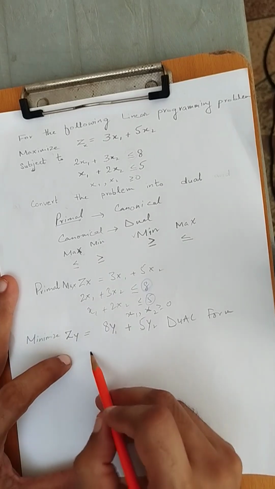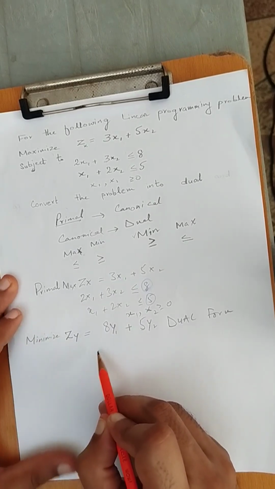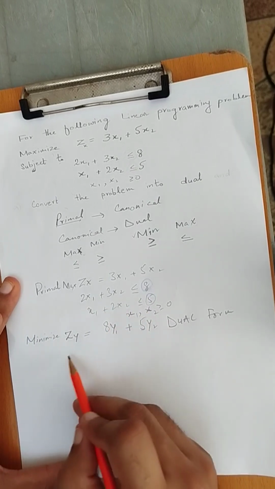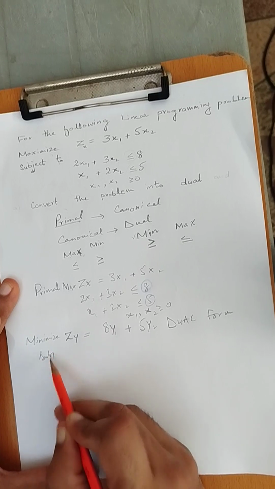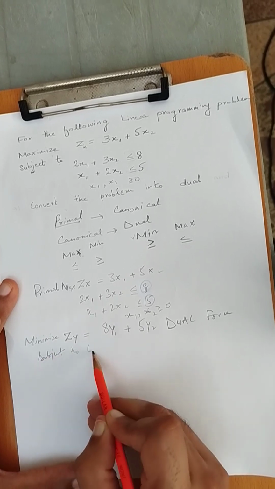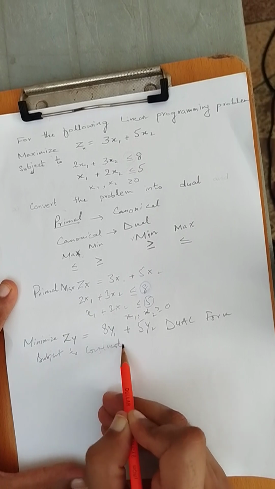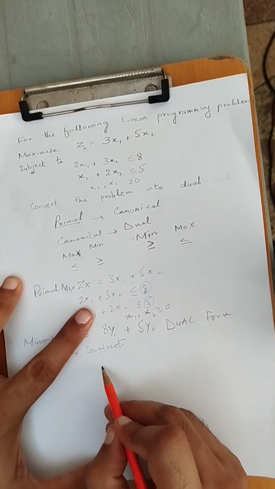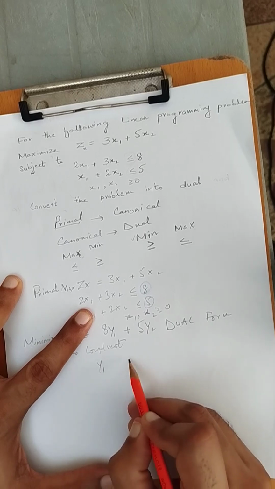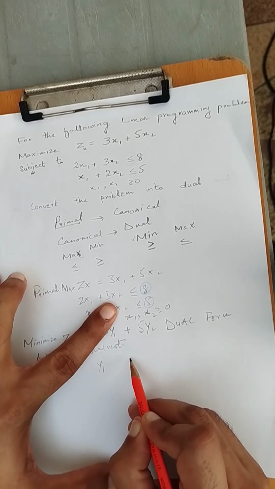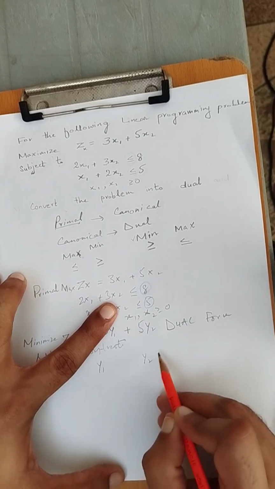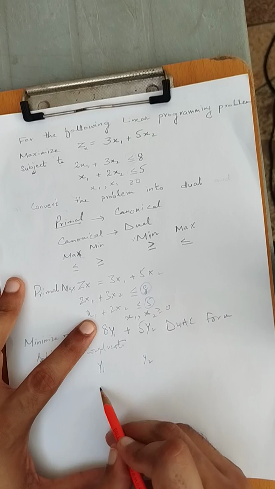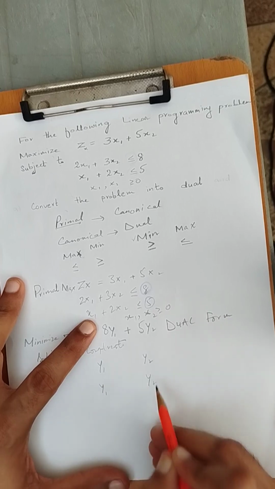Okay, now let's move ahead and talk about the constraints, subject to constraints. In the constraints, you see x1 has to be converted into y1 and x2 has to be converted into y2 in the dual form. Same goes here, y2.